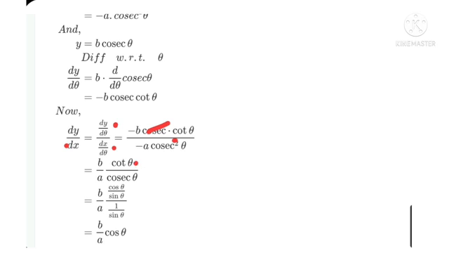You write cot theta as cos theta upon sin theta and cosec theta as 1 upon sin theta. Sin theta gets cancelled. So what remains? b upon a cos theta. So we get the final value dy by dx is equal to b upon a cos theta. Okay.